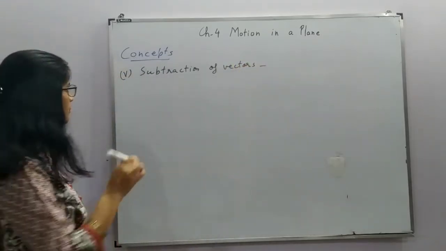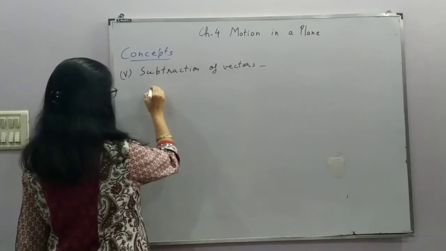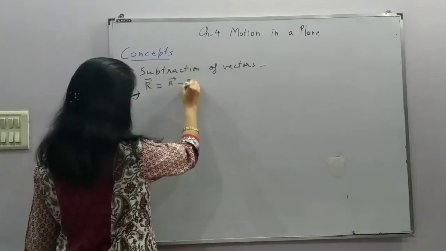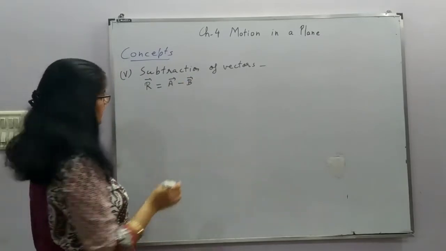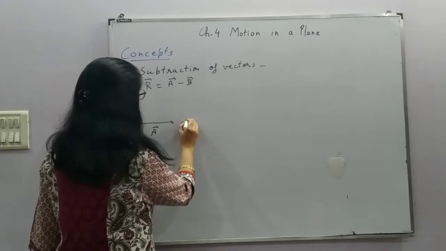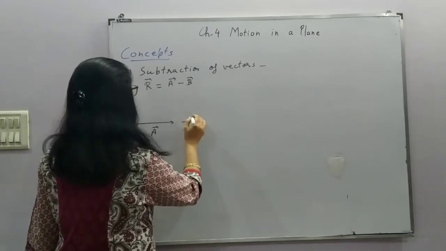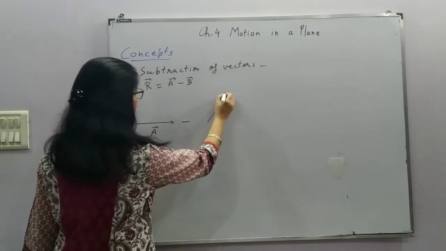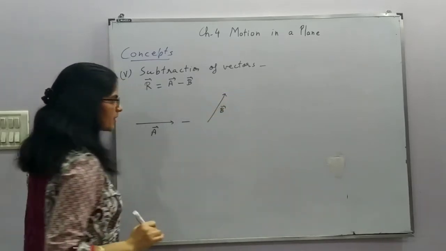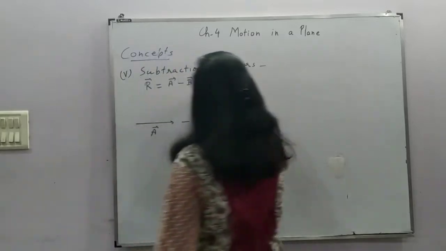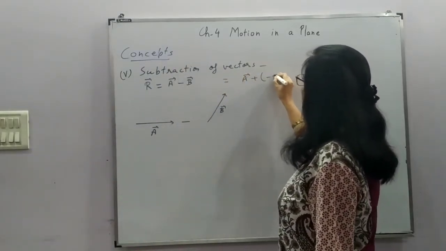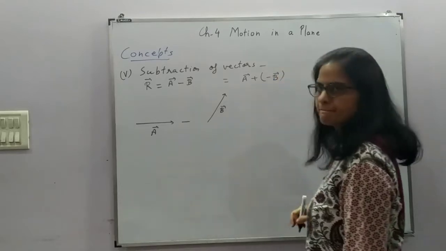If I have to subtract the vector B from A vector, suppose I have this vector A vector and I have this B vector. So I have to subtract this. Now this can be written as A vector plus minus B vector.